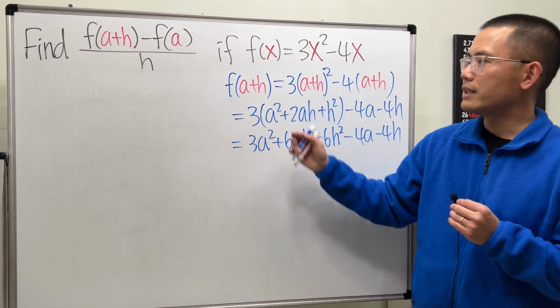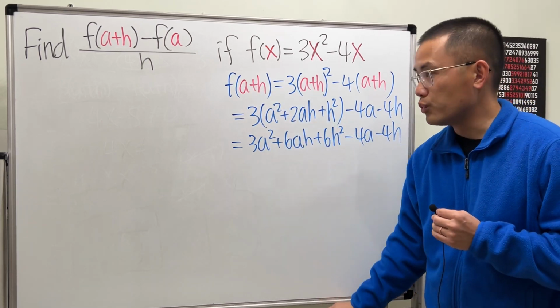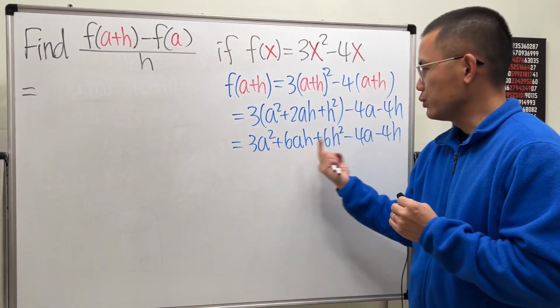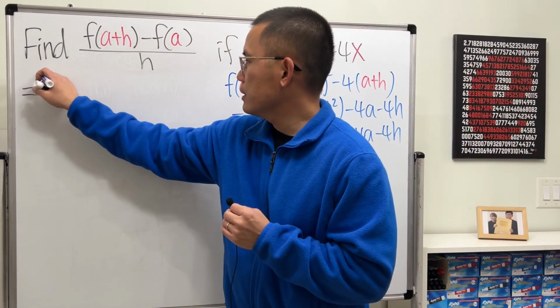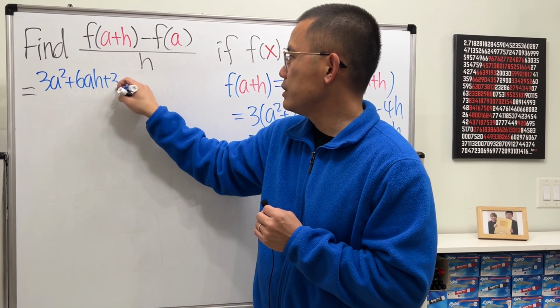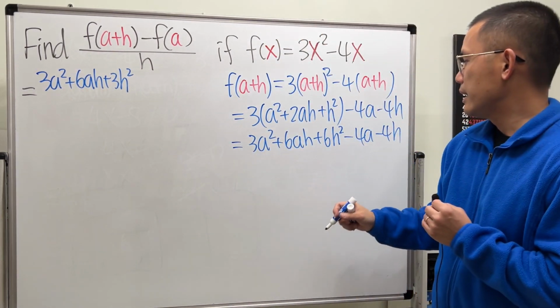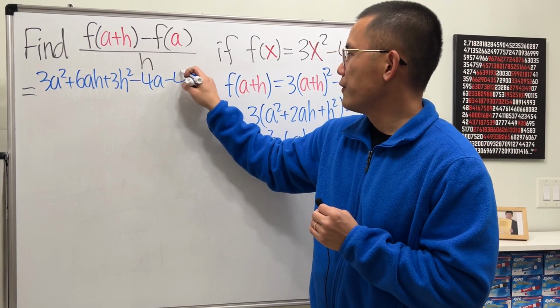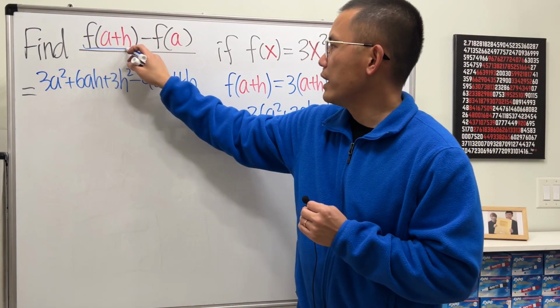Alright, so that's what f of a plus h will be. So if you come back here, first we write down all that there: 3a squared plus 6ah plus 3h squared and then minus 4a minus 4h. That is for f of a plus h.